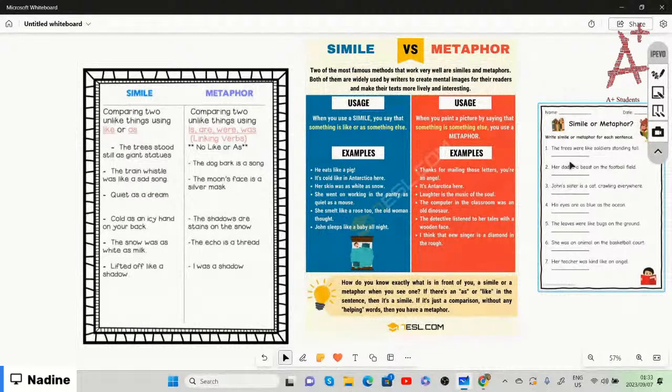And there we have a few examples of similes as well as metaphors.